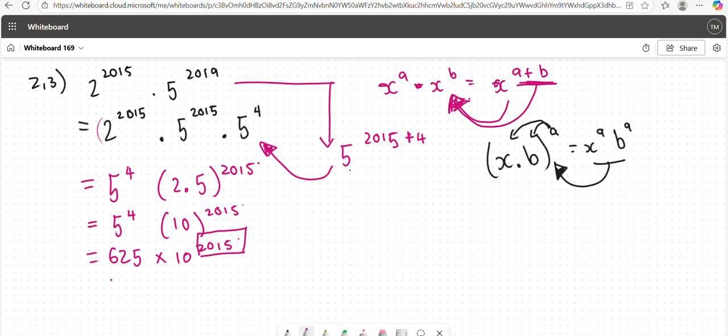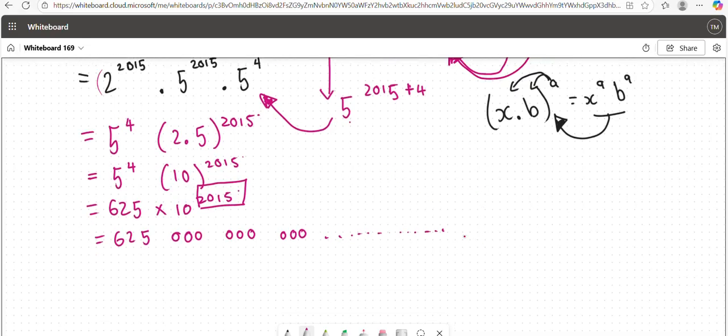So literally to this 625, I am adding 2015 zeros. You can imagine I have 2015 zeros going all the way, but I'm not going to write it out. But remember what they wanted from us. All they wanted is the sum of the digits.